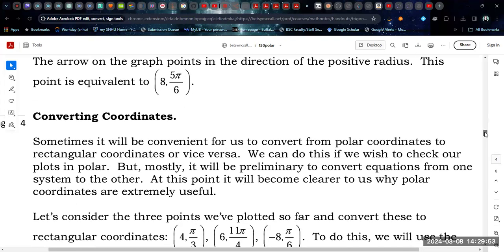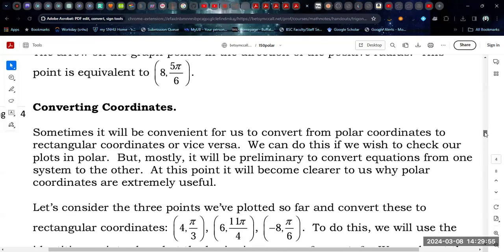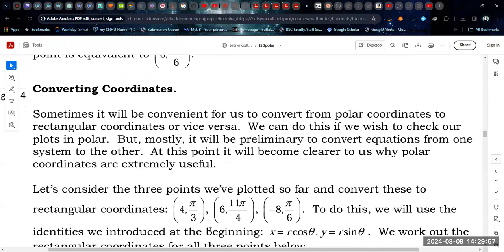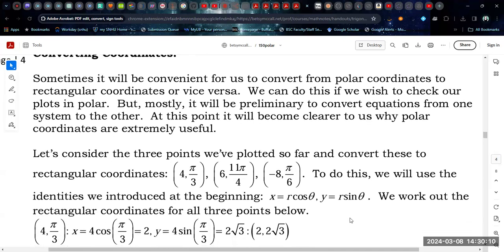Now, another task that we might want to do, not just plotting points, but we might need to convert points back into rectangular coordinates, or we might have a point in rectangular coordinates that we want to convert back into polar coordinates. Which of these pairs of formulas that we talked about earlier is going to depend on which kind of information we have.